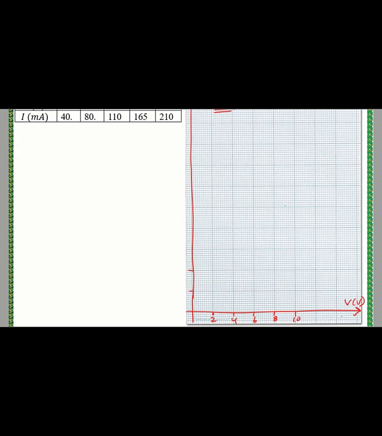One, 2, 3, 4, 5, 6, 7, 8, and 9. Multiple of 3, so I can put 30 all the way, 60, then 90, then 120, 150, 180, 210, 240, and so on.